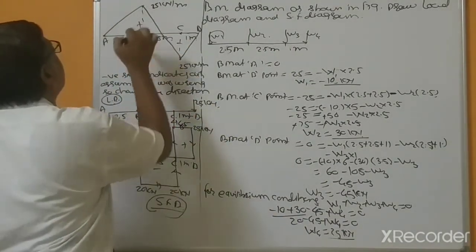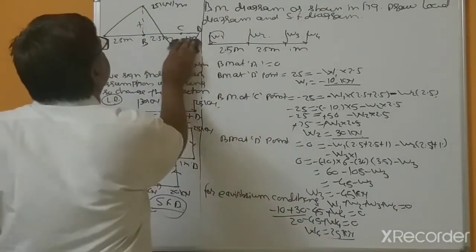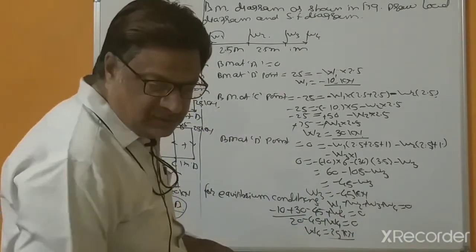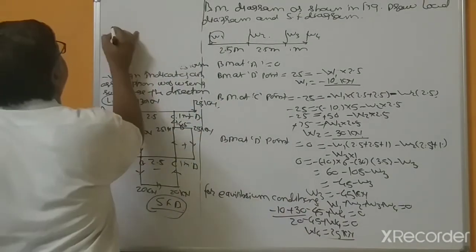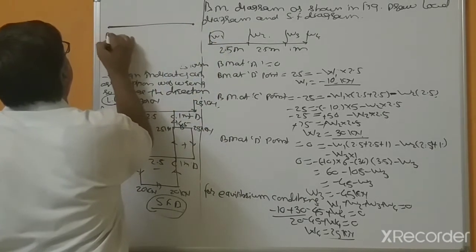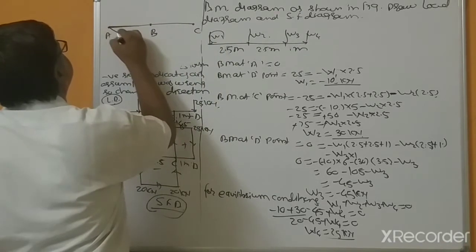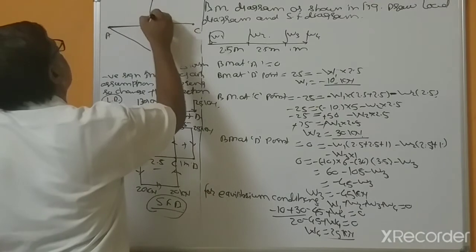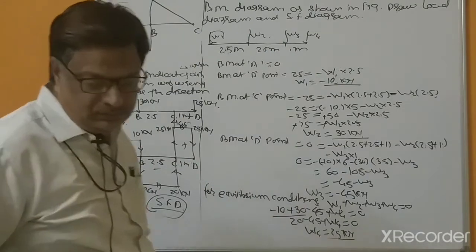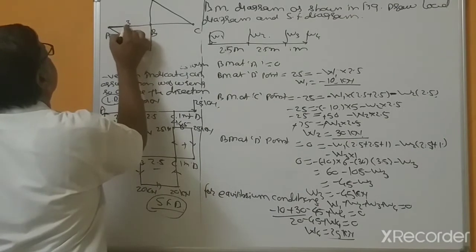Now when this is negative and this is positive, again a similar type, but here only 3 points: A point, B point, C point, 3 meter, 3 meter.